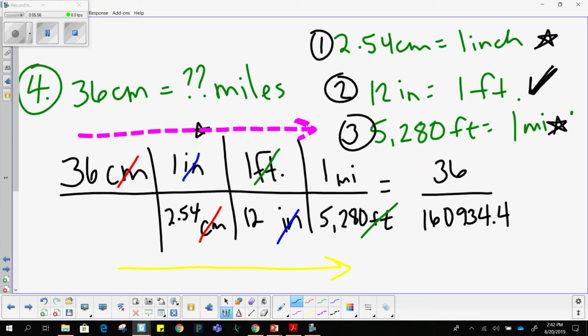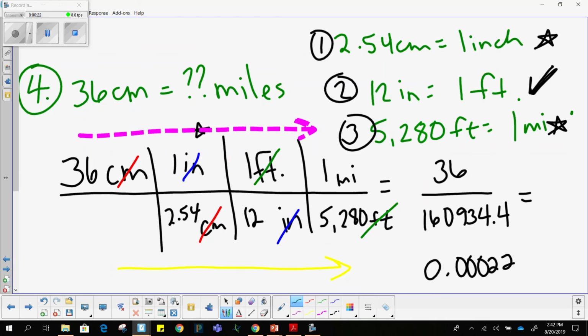The last step of the process: we set up our conversion factors, we made sure everything canceled. Step 4 was to come in and simplify this remaining thing. So we do 36 divided by 160,934. And when we do that, we get a very small number, or decimal. 1, 2, 3, 2, 2.